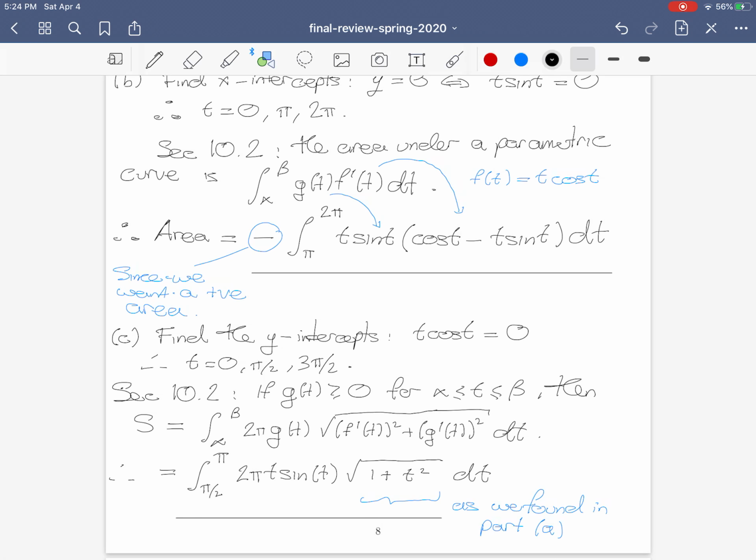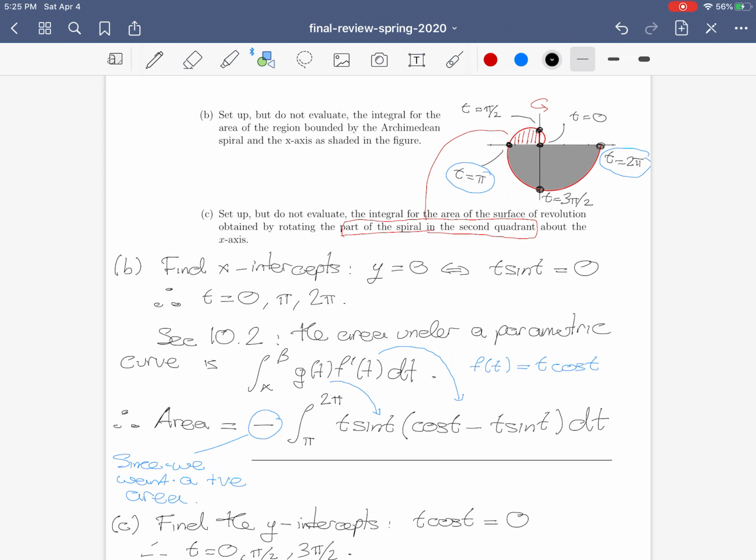Again, we relied on a formula from section 10.2 of the material. Once we had that formula, the main thing we had to do was to work out the lower and upper values of t. In this case, we recognize them as corresponding to this point and this point, and we found t is pi by 2 and t equals pi.